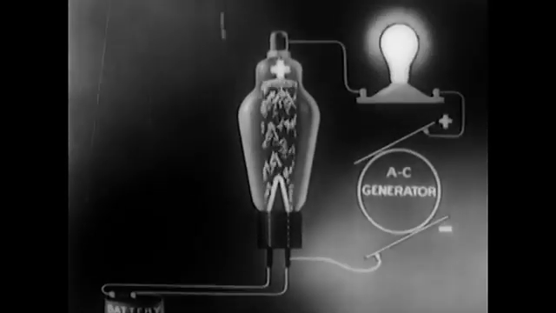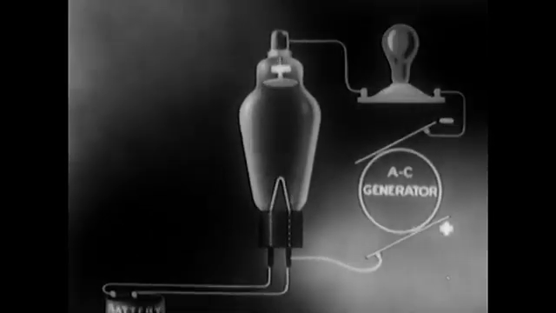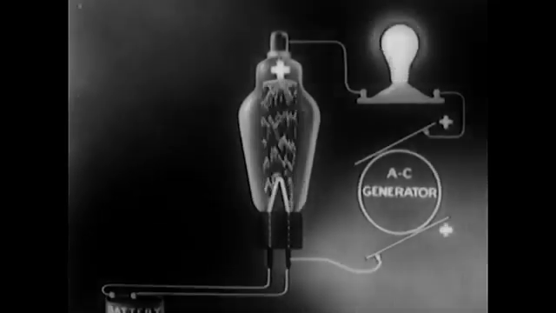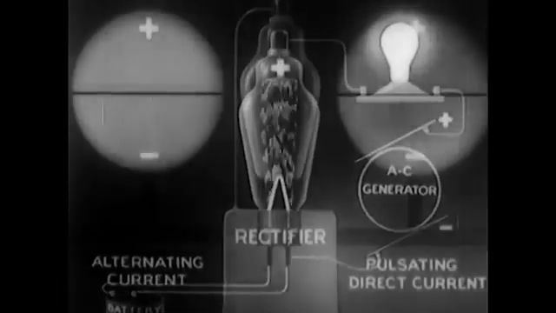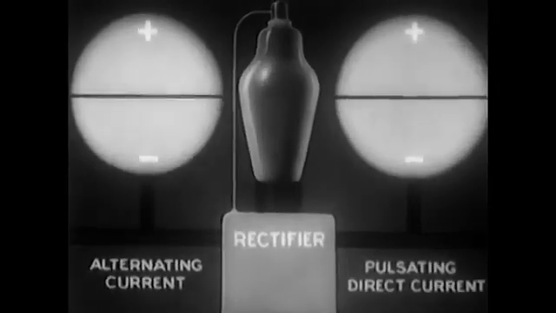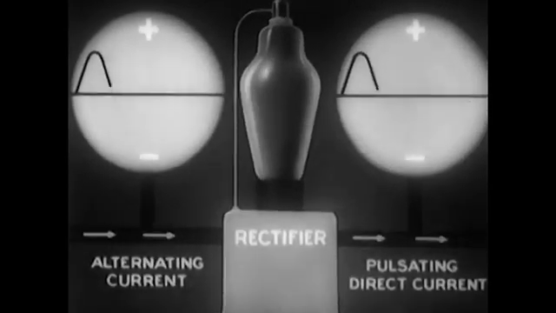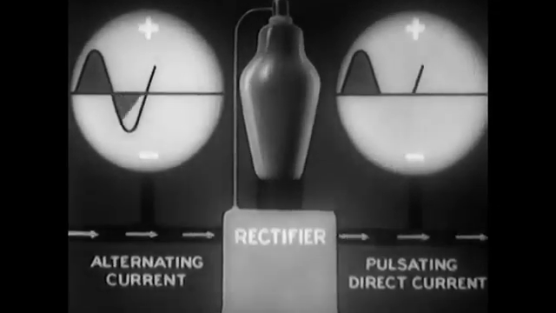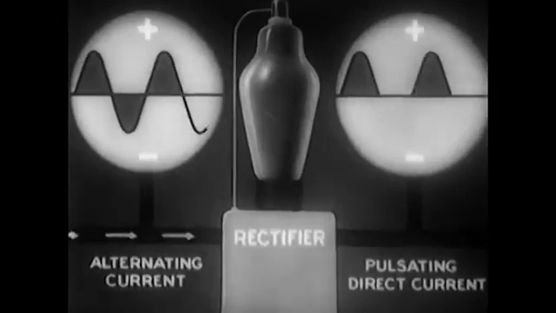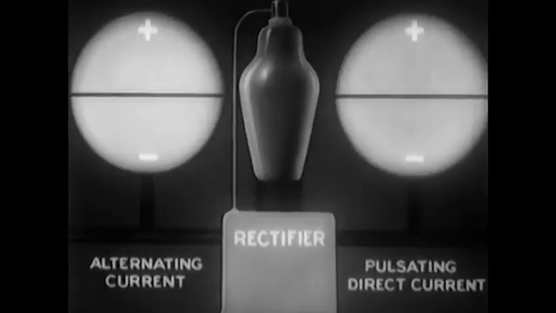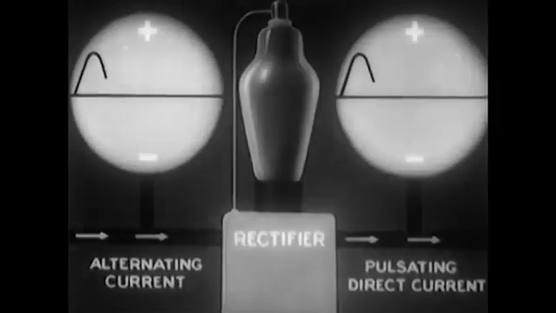In other words, because only the cathode can emit electrons, we have here what amounts to a one-way street. We can visualize the result of the tube's rectifying action with the aid of these 2 oscilloscopes. The one on the left shows alternating current coming in. The one on the right shows pulsating direct current going out.